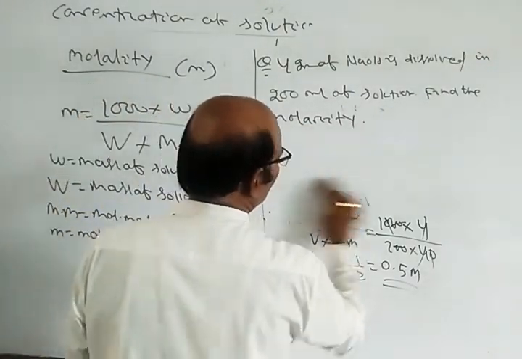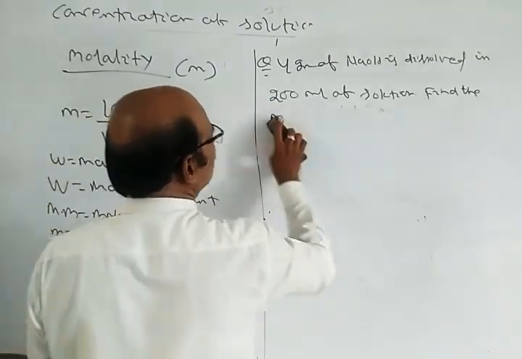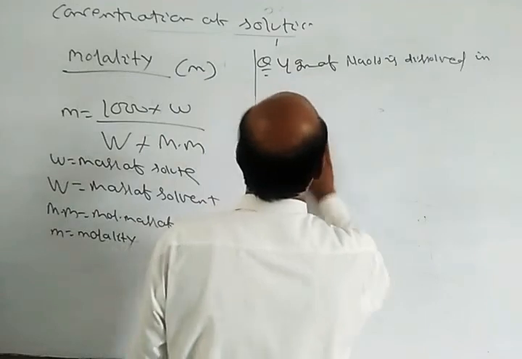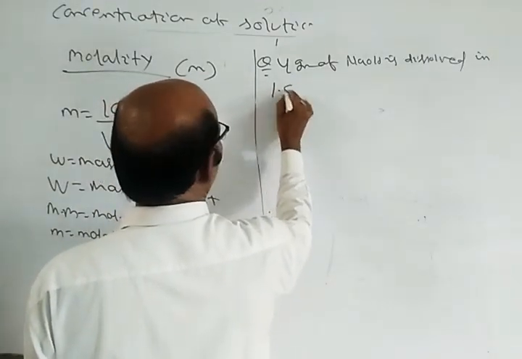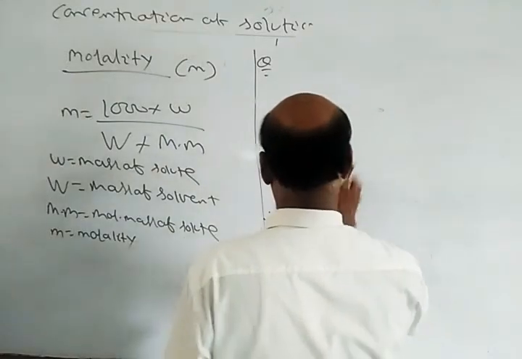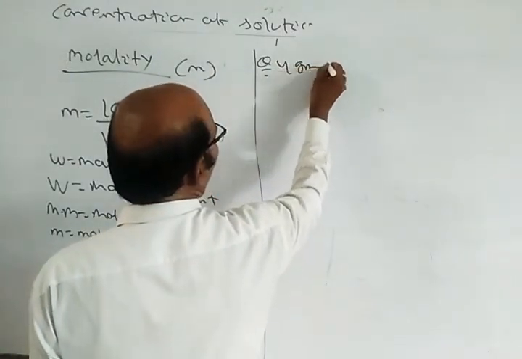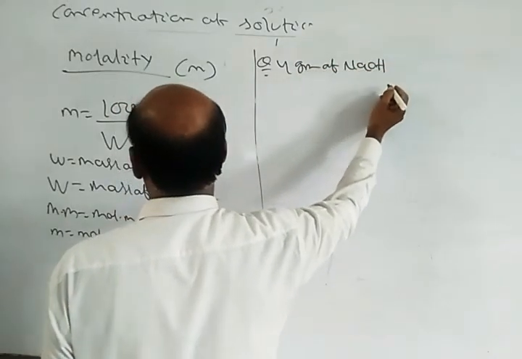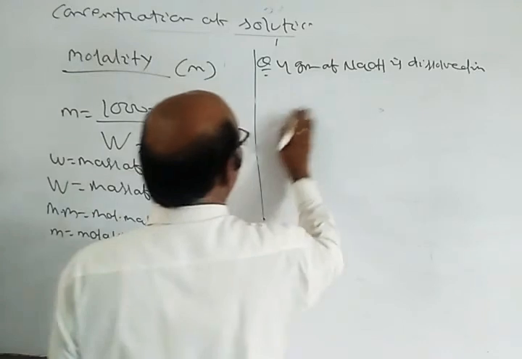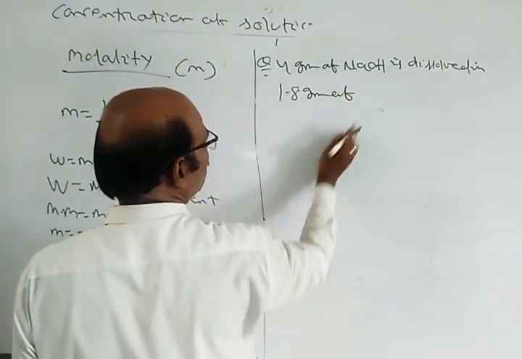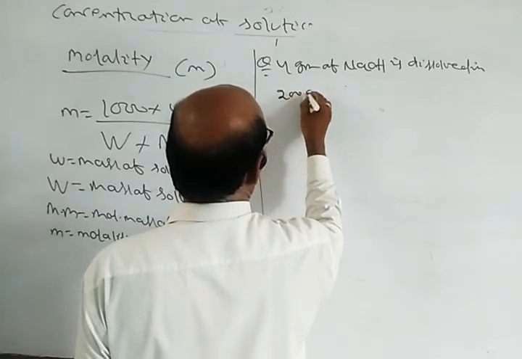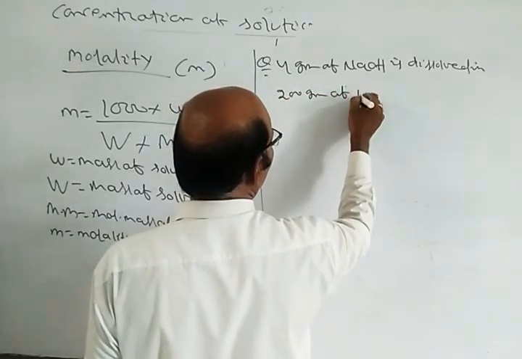Suppose 4 gram of NaOH is dissolved in 200 gram of water.